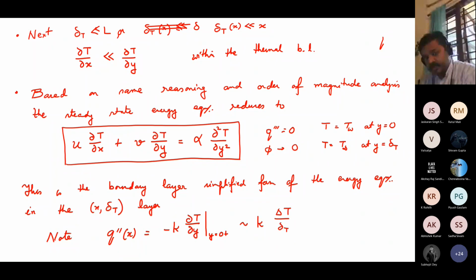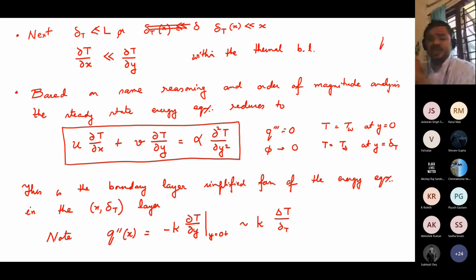It means that smaller is my thermal boundary layer thickness, higher is the heat transfer. If my thermal boundary layer is thinner, higher will be my heat transfer.